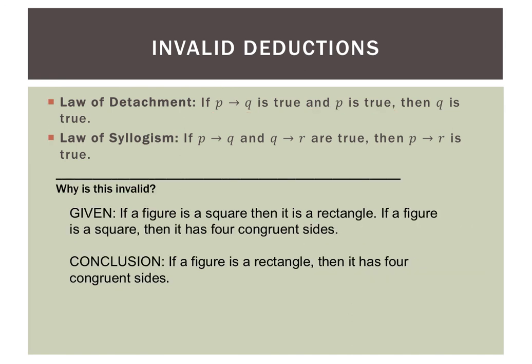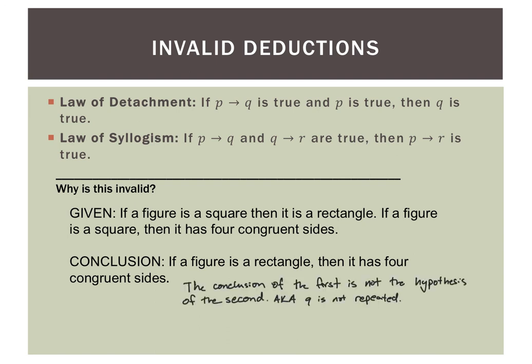Let's try another one. Again, the top bit is given to you for your convenience, but what I want you to do is pause the video and figure out why this one is invalid. And go for it. And welcome back.